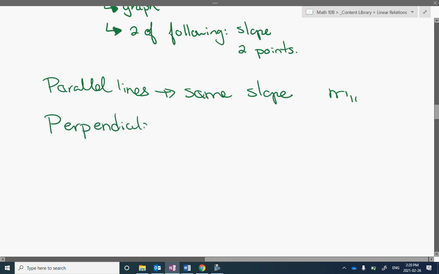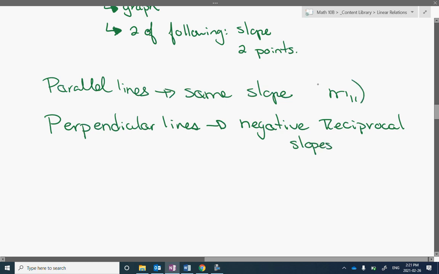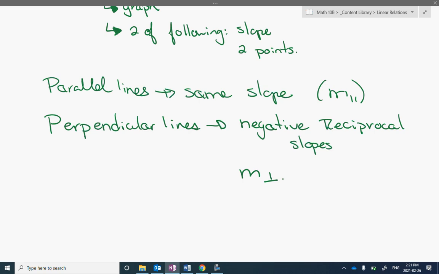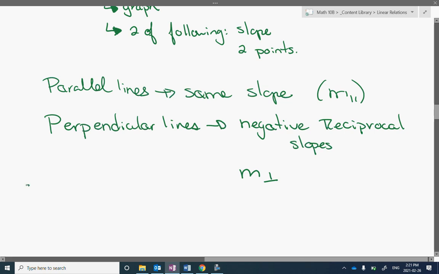Good job. Which we abbreviate with that symbol.